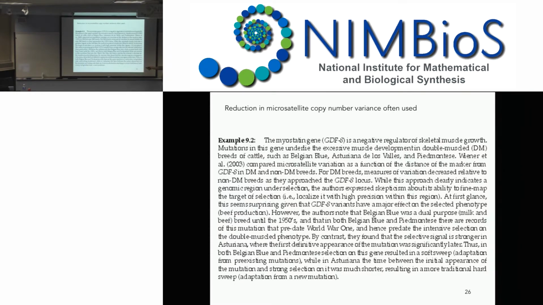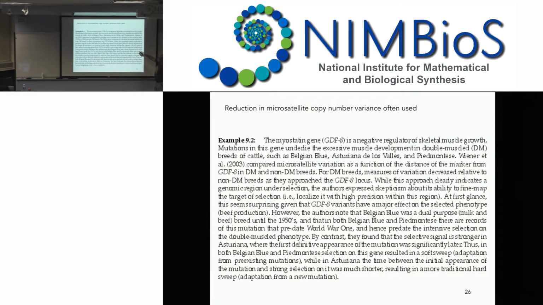And there were records of phenotypes matching the double muscling that predate World War I, and therefore predate the intensive selection on here. So the fact there's not a strong signal around myostatin in these two breeds is probably soft selection. The allele was already existing, and the selection wasn't just for meat, it was for meat and milk.